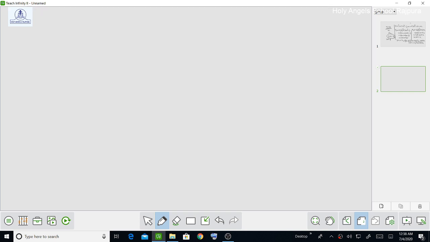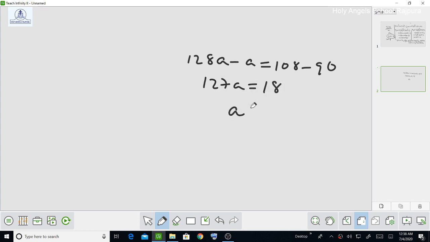Now 128a minus a is equal to 108 minus 90. 127a is equal to 18. a is equal to 18 upon 127.